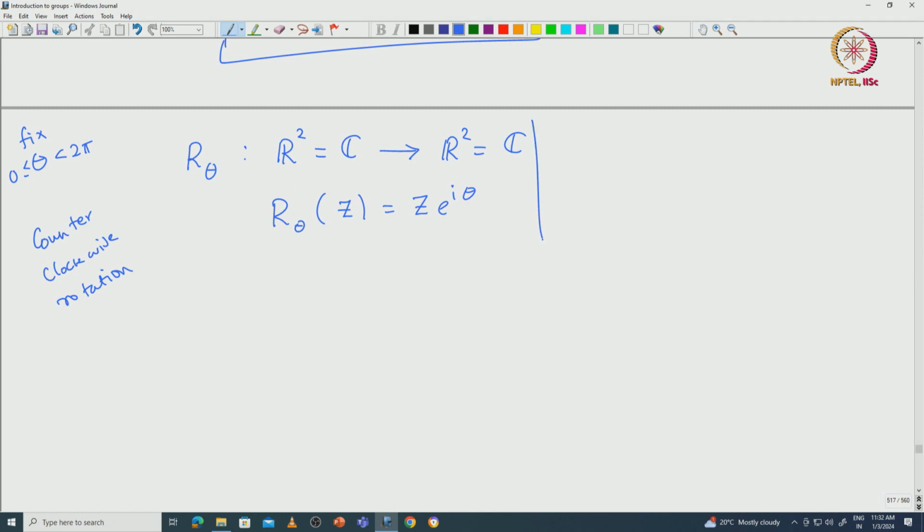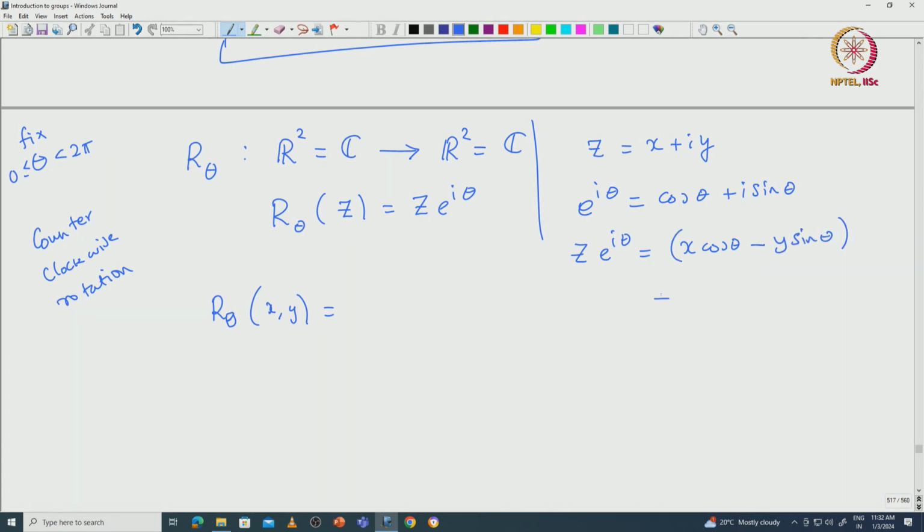So, if you are interested in writing this very explicitly, you write z equal to x plus i y, and e power i theta, you know what it is, cos theta plus i sin theta. So, in particular r theta of (x, y) can be obtained from this z times e power i theta, which is going to be x cos theta minus y sin theta, this will be the x coordinate, plus i times x sin theta plus y cos theta.